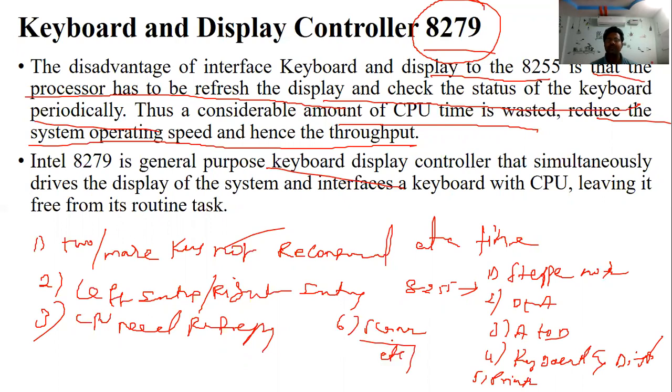Almost all the devices, of 8-bit and 16-bit, almost all the input-output devices, we are able to connect to this 8255. But with this 8279, we are going to connect only the keyboard as well as the display.